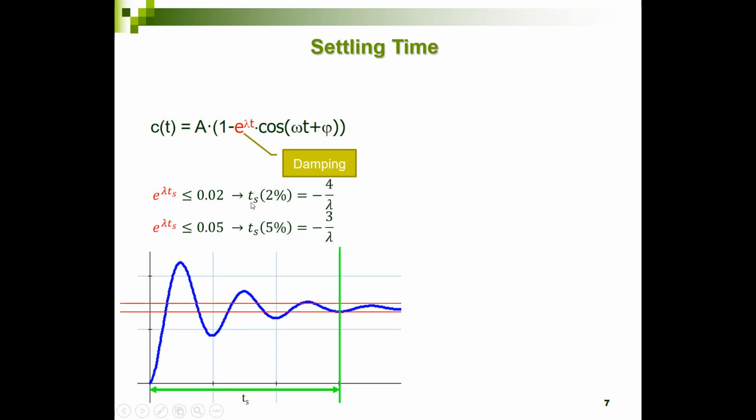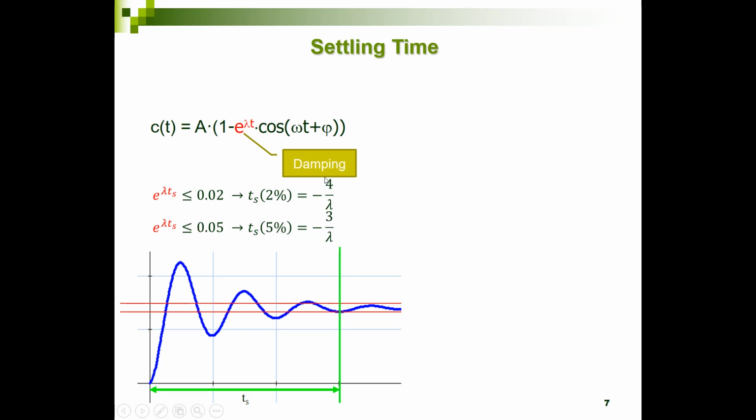So we get an expression which says that the 2% settling time, which is the indication time, is almost equal to -4 over lambda. We could create a similar calculation for the 5% settling time, which is the response time, and then we see that that response time is almost equal to -3 over lambda.